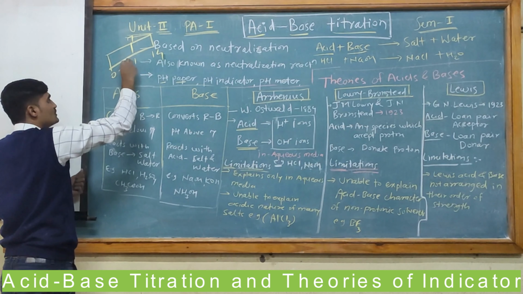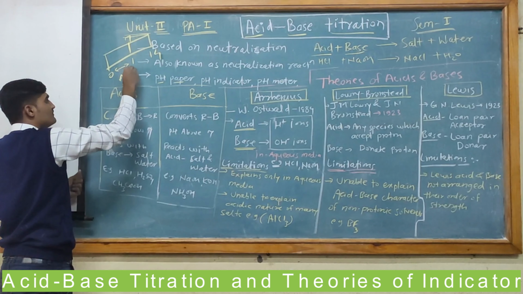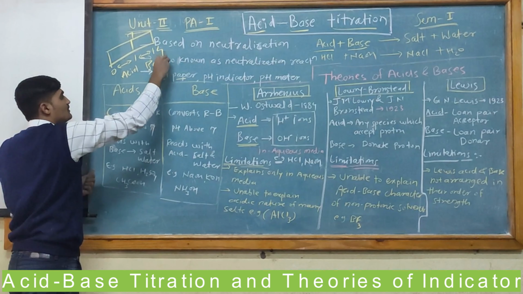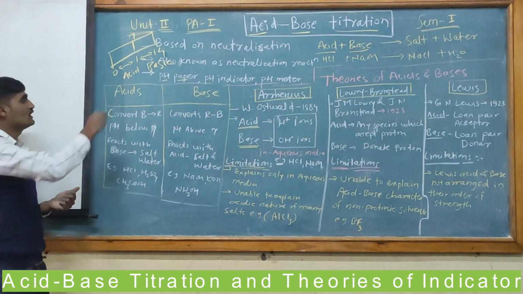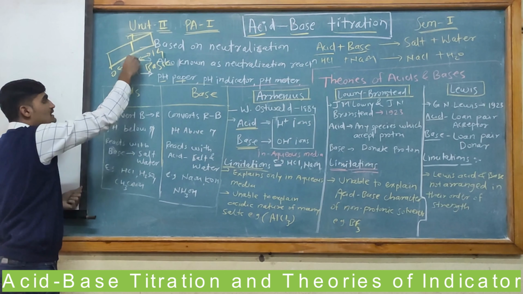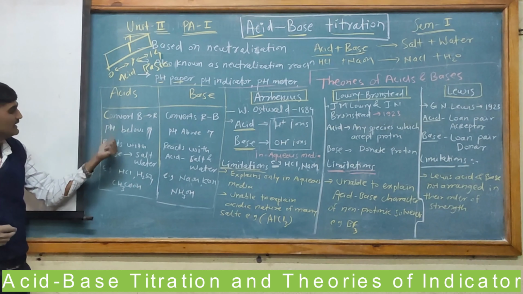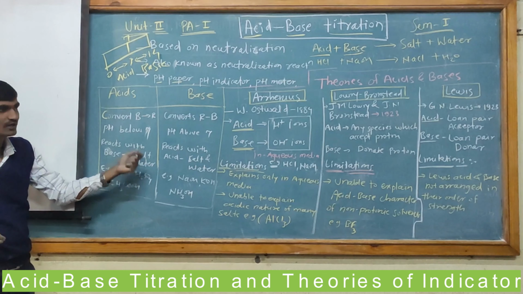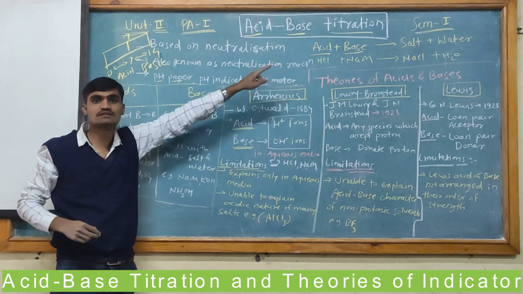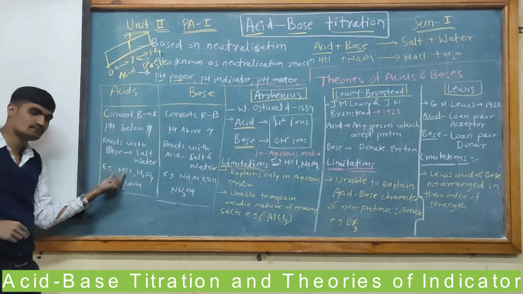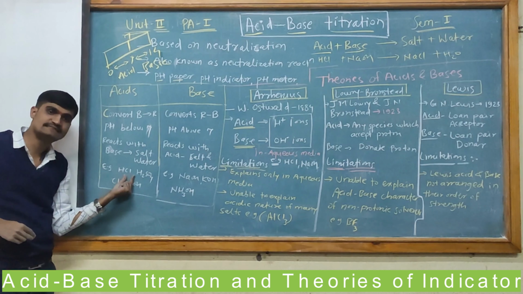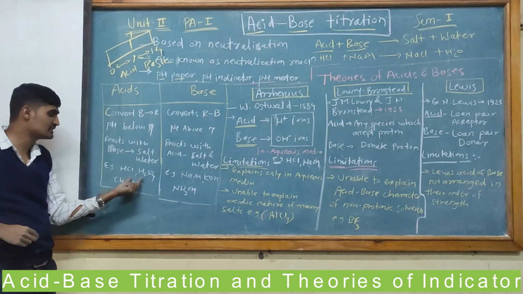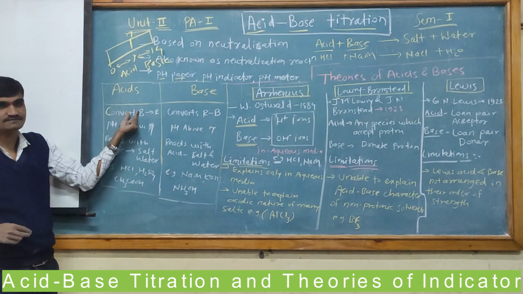Until 7 it is acidic, and above it is basic. The next property is that when an acid reacts with a base, it gives salt and water. For example, hydrochloric acid, sulfuric acid, and acetic acid are examples of acids.